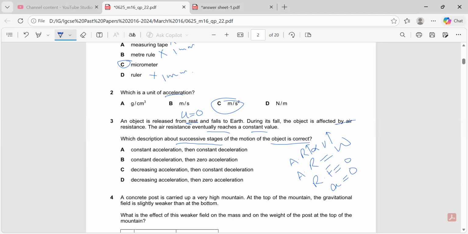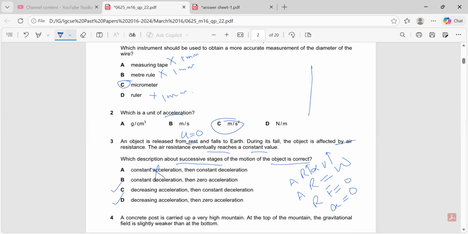So this is sometime in terms of graph, sometime like this theoretically. So constant acceleration is not possible. Acceleration is decreasing as the body is falling. So C and D can be the answer. No, B. Maybe this one is very close to B. No, it can be C or D. And if you remember the graph for this velocity time graph, it's like this.